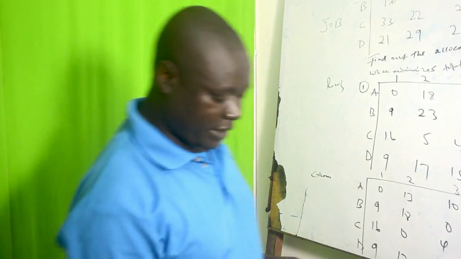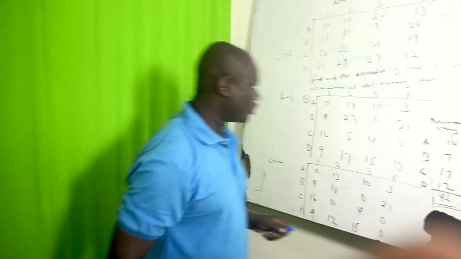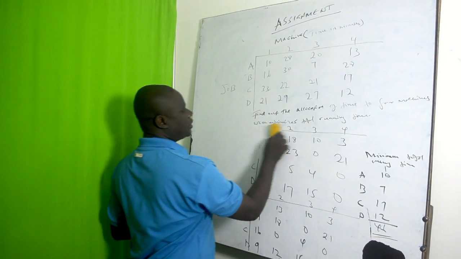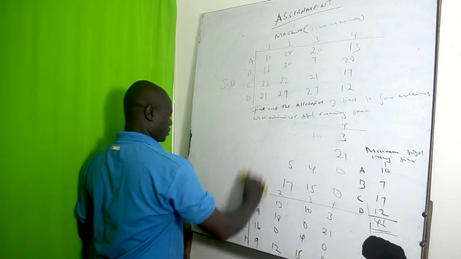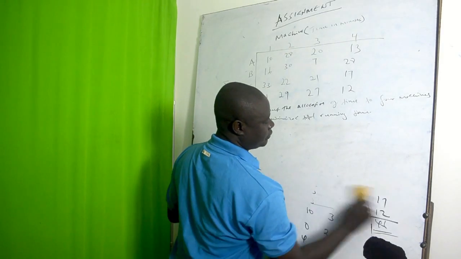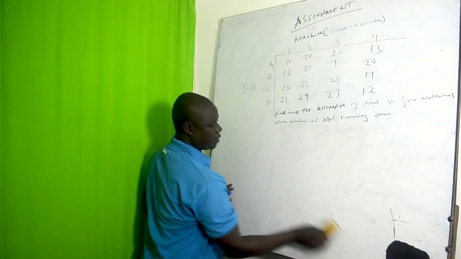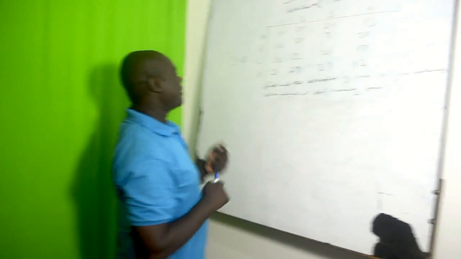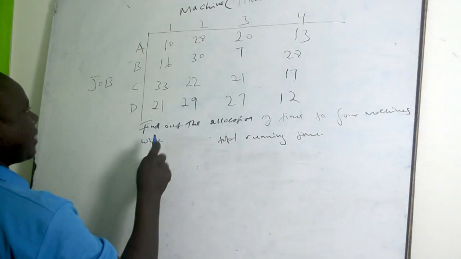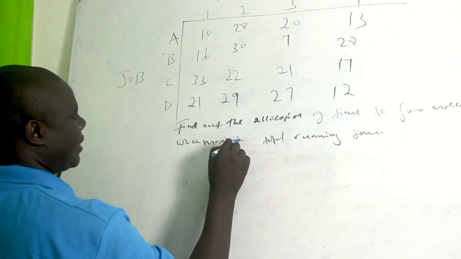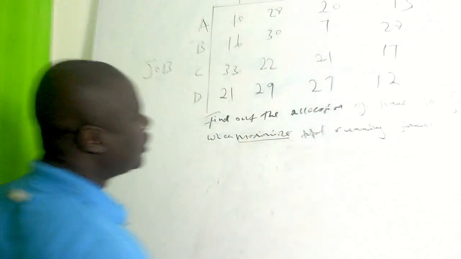That one is minimization. Let's look at maximization. Now the question is going to be to find the allocation of time to the 4 machines which maximizes.